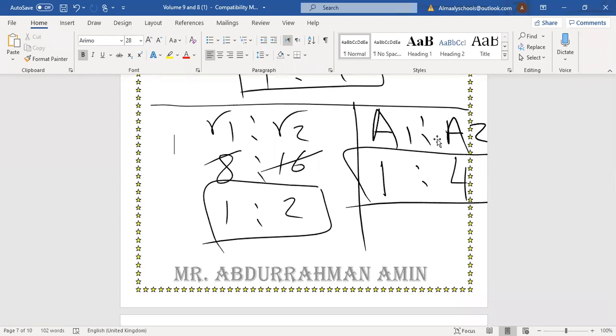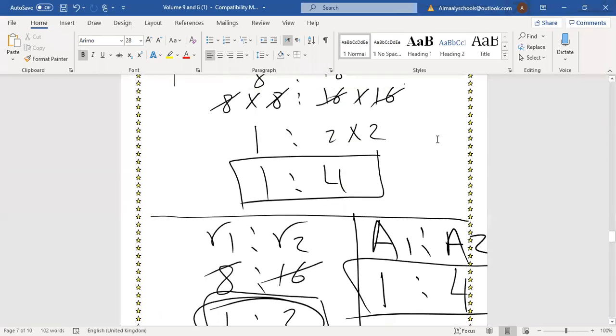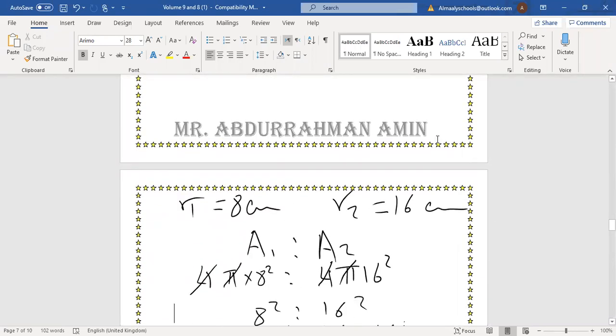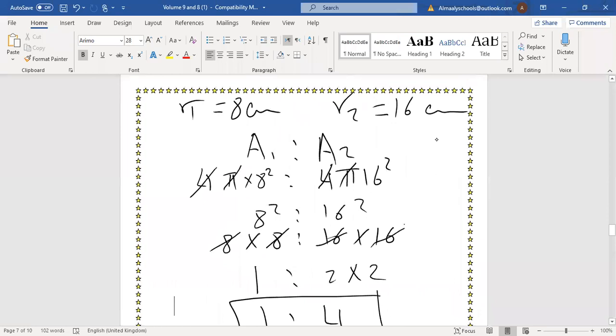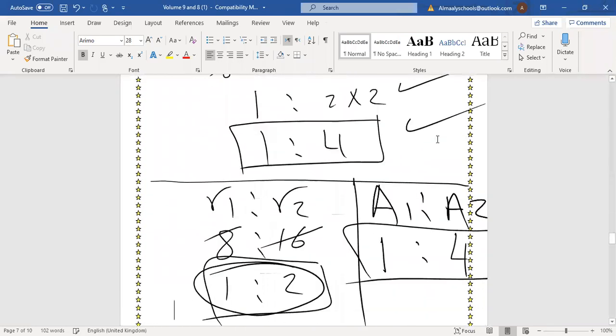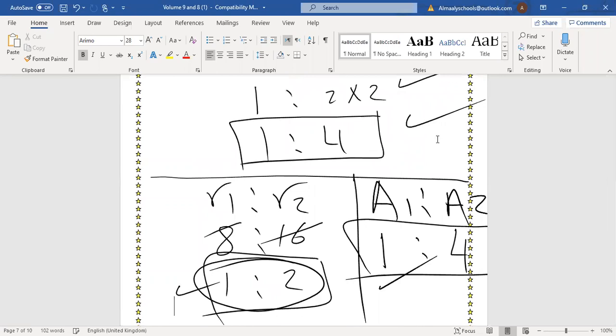Doctor, only we will square 1 to 2. Look at the first method: 1, 2, 3, 4, 5. The second method: 1, 2. And the best method is the method you can understand. This is the best.